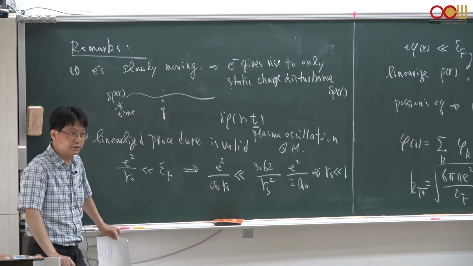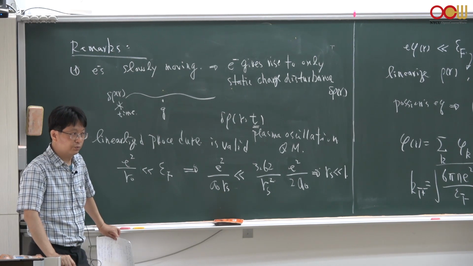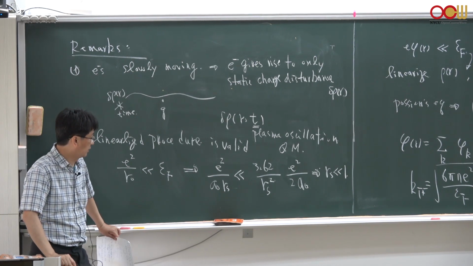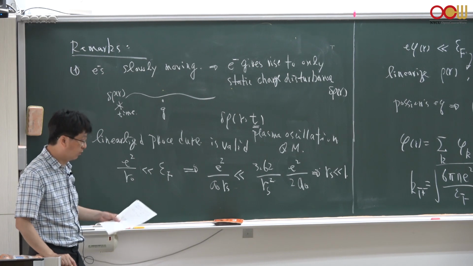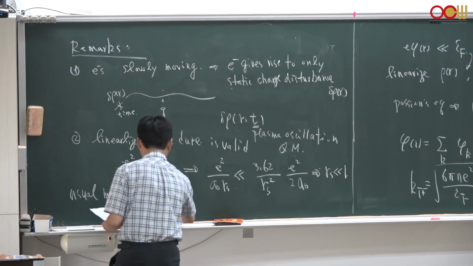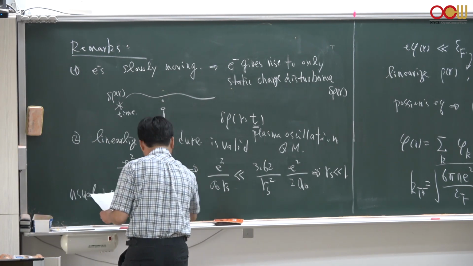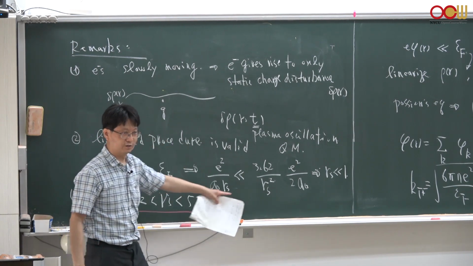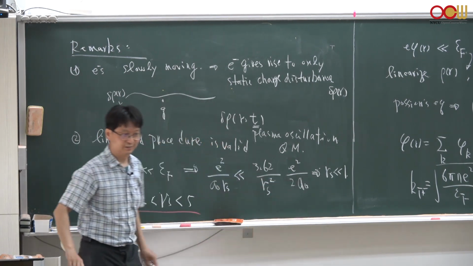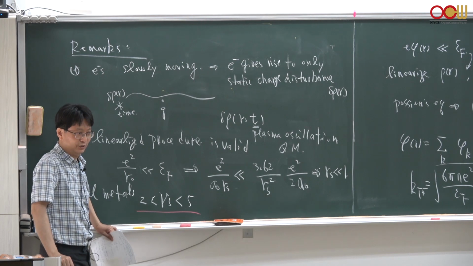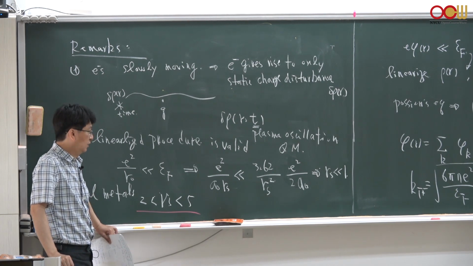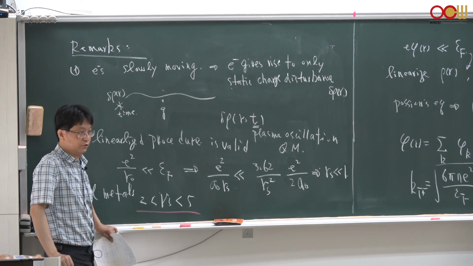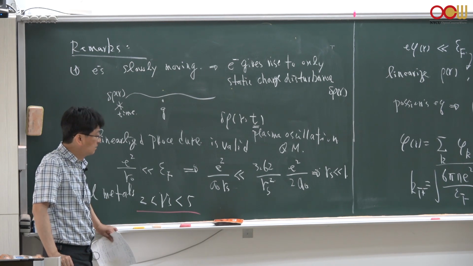What is r_s? r_s is the average electron radius in units of Bohr radius, right? Remember that. But in ordinary metals, r_s is somewhere between 2 and 5, which is not small at all. So this invalidates the Thomas-Fermi assumption that r_s should be very, very small.